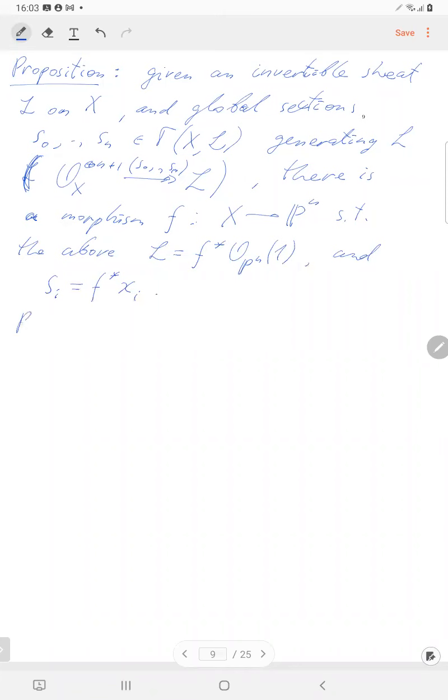The proof is, as I said, very simple, immediate. We just glue it from the standard charts on the projective space.